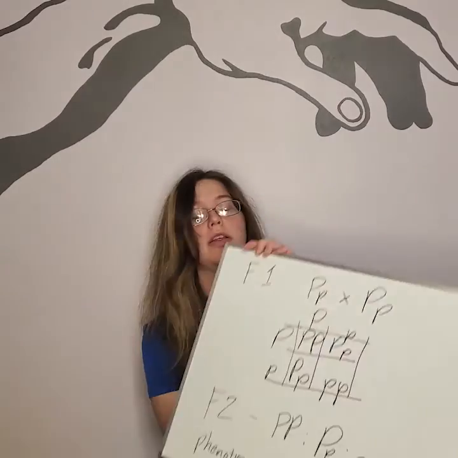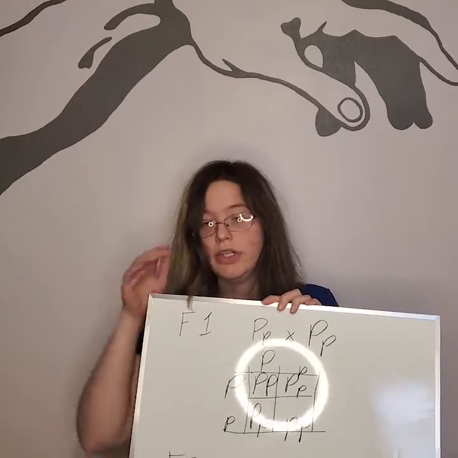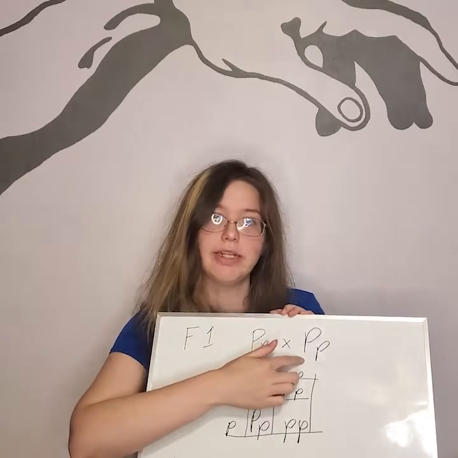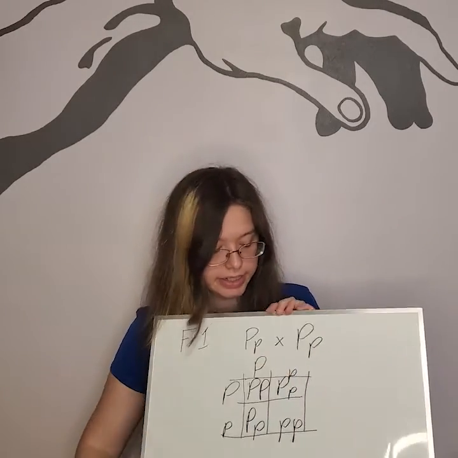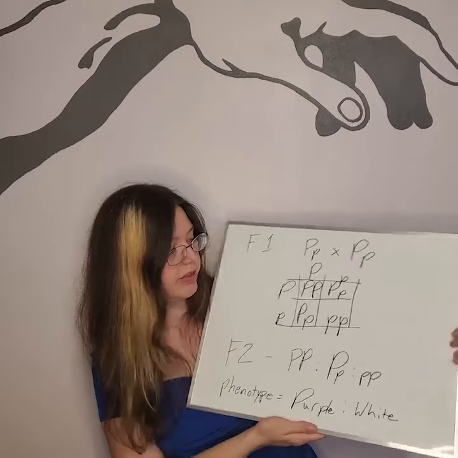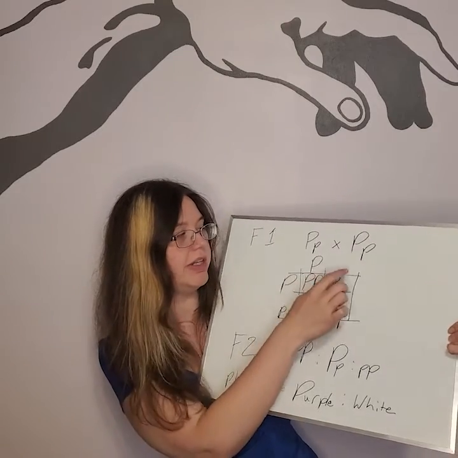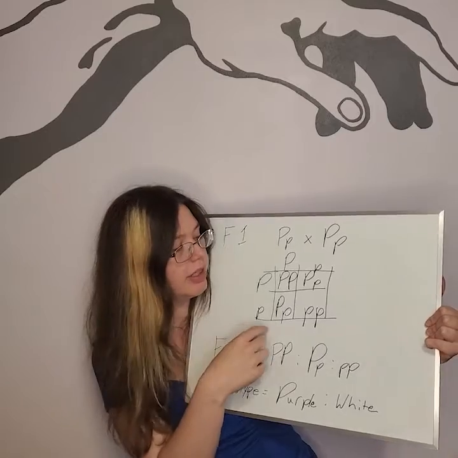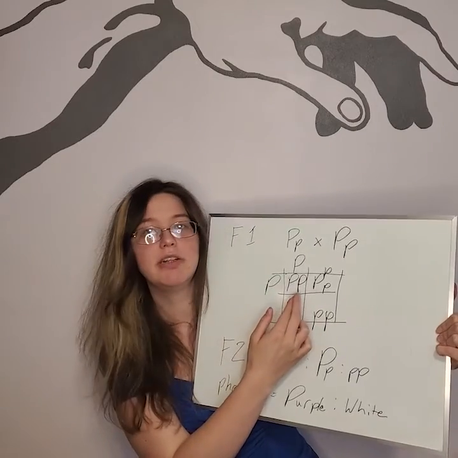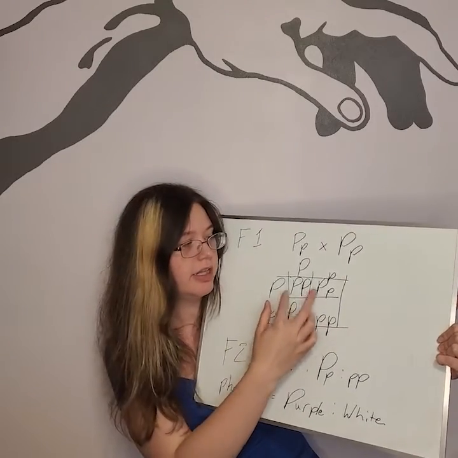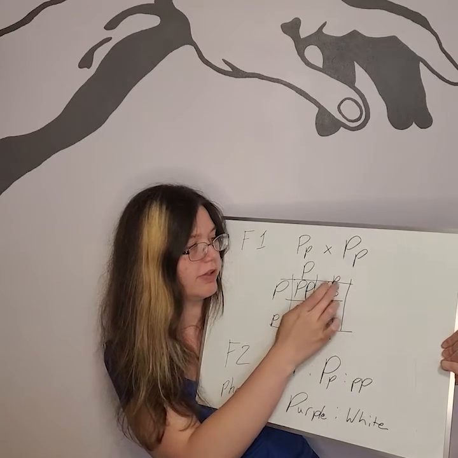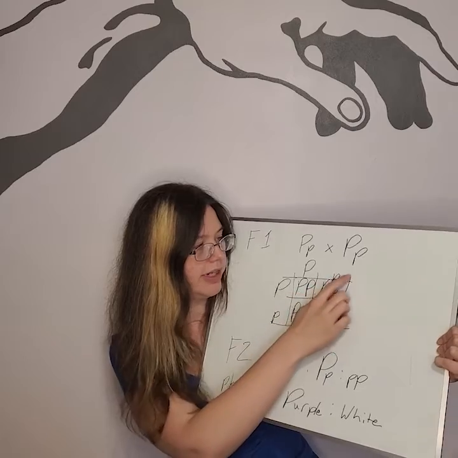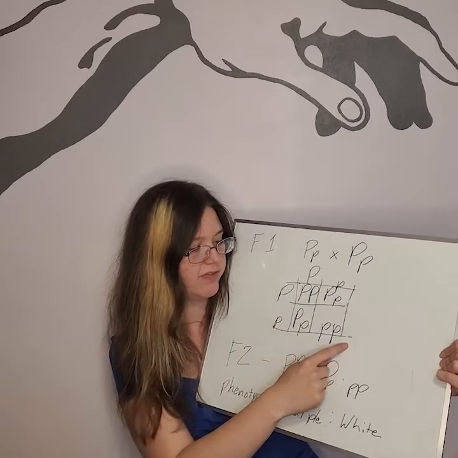So, the F1 generation, 2 hybrids, 2 heterozygous were crossed together, and we did this Punnett square. So uppercase P, lowercase p, uppercase P, lowercase p. And those 2 uppercase P's come together, and then they each come together for their square. So lowercase p, uppercase P, lowercase p, lowercase p.